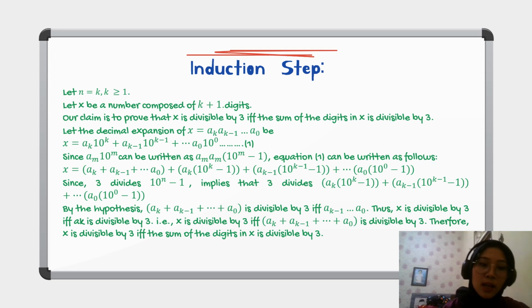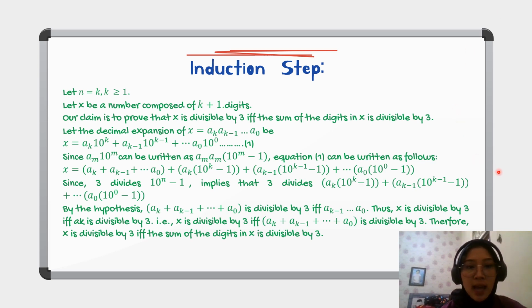And since a_m times 10 power m can be written as a_m plus a_m times 10 power m minus 1, like this, equation 1 can be written like this. And since 3 divides 10 power n minus 1, it implies that 3 divides this.